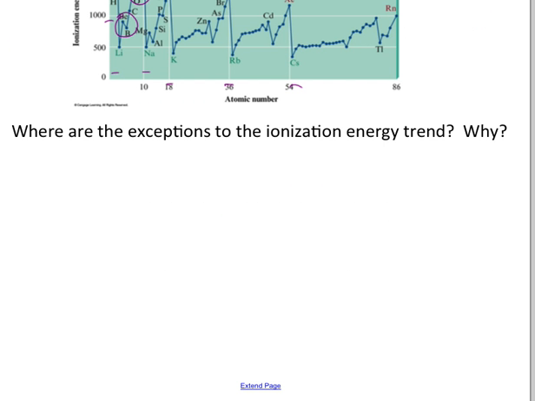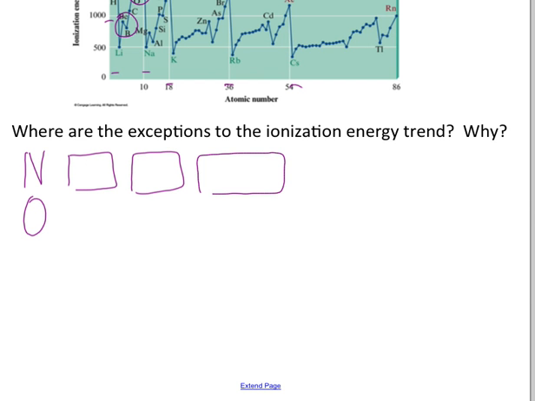So let's talk about nitrogen and oxygen. Really quick, let's go ahead and draw out the spin diagram for the orbitals. We've got 1s, 2s, and 2p. So nitrogen has 1s2, 2s2, and how many in 2p? Not rhetorical. 3. All right.